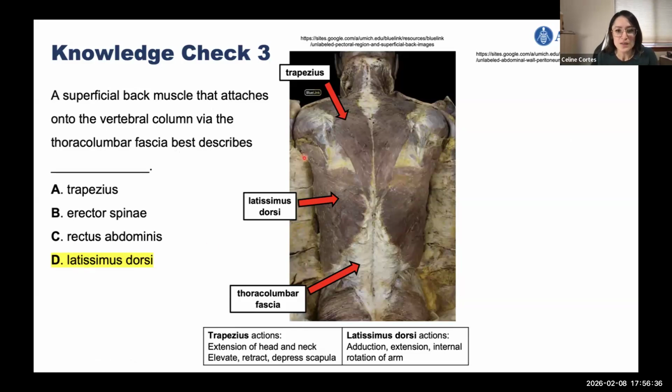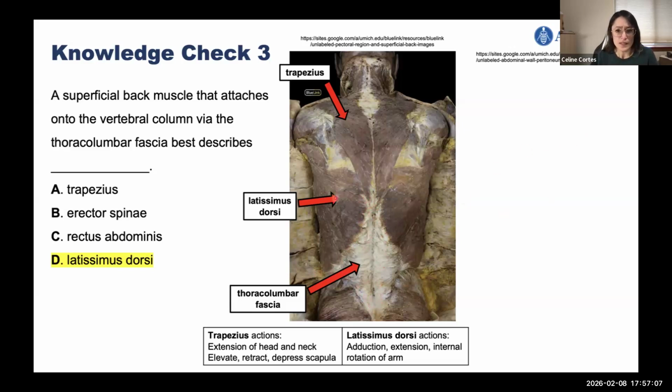So as a reminder, latissimus dorsi is this expansive muscle back here that's very superficial. And if you're not familiar, the thoracolumbar fascia is a type of aponeurosis. An aponeurosis is essentially a specialized sheet-like tendon that helps expansive muscles like that attach onto different structures.